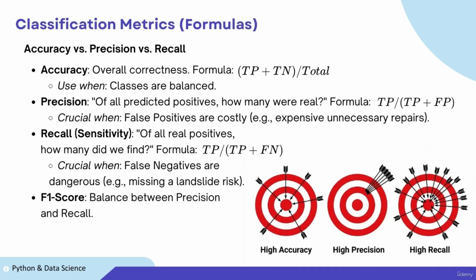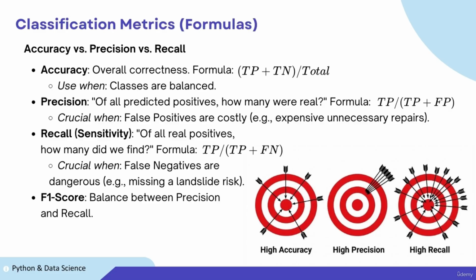From that matrix, we derive our scores. Accuracy is the most common metric. The formula is TP plus TN divided by the total. Ideally, we want this to be high. However, accuracy can be misleading. That's why we need precision and recall. Precision checks for reliability. The formula is TP divided by the sum of TP and FP.